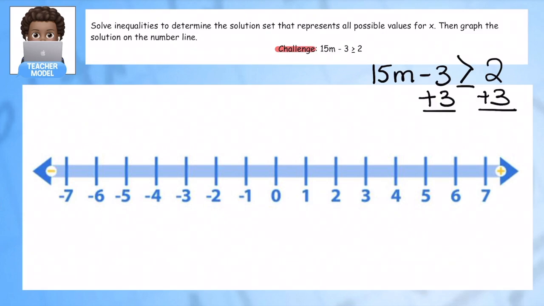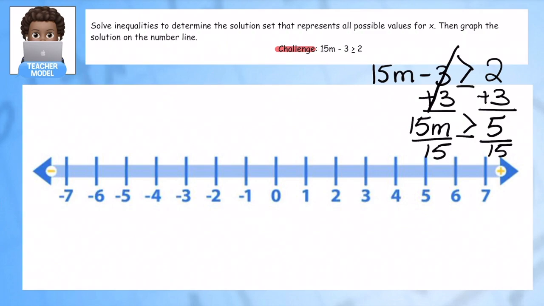And I want to do that because if I add 3 to a -3, I'm just getting 0. And I'm left with just 15 times the number. And on this side, I have 5. So now I want to just work on this statement. A number times 15 is greater than or equal to 5. So a number times 15, the opposite of that is to divide it by 15.